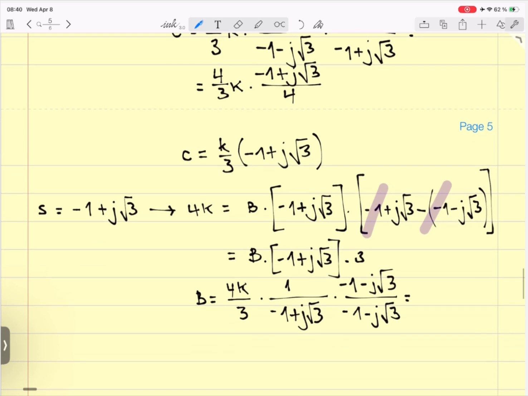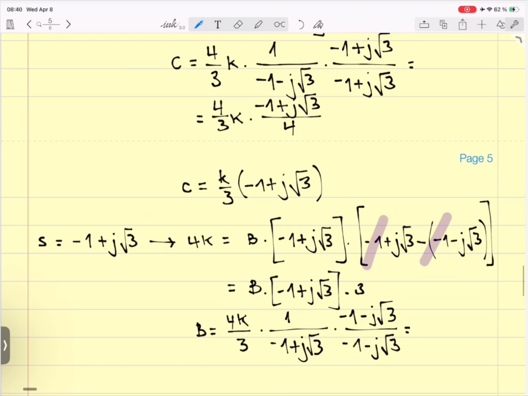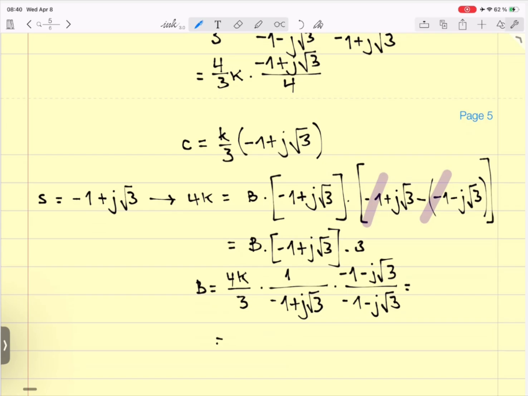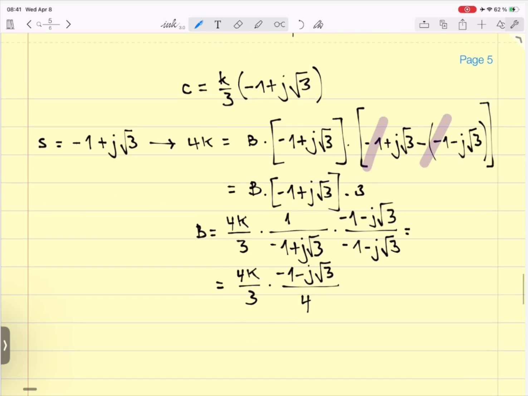And as a result, we get 4k divided by 3 times (minus 1 minus j square root of 3) divided by 4. So b is going to be k divided by 3 times (minus 1 minus j square root of 3).